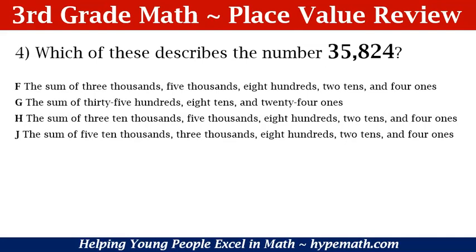H is the sum of 3 10,000s, 5,000s, 800s, 2 tens, and 4 ones. J, the sum of 5 10,000s, 3,000s, 800s, 2 tens, and 4 ones.